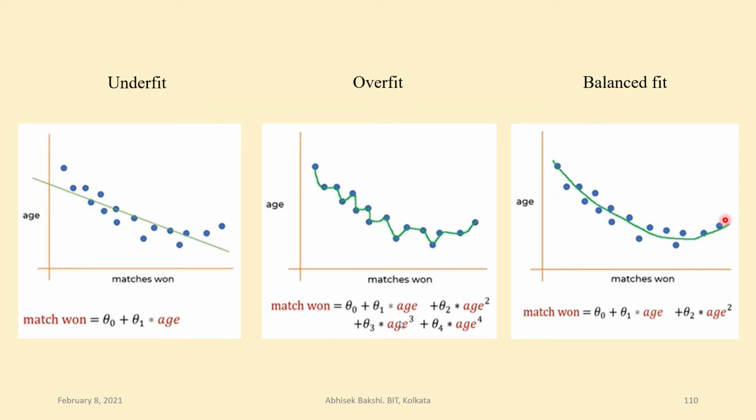In some cases, it may happen that to get this balanced fit, we need to keep some synaptic weights as 0. For example, in this case, if you put 0 in theta 3 and 0 in theta 4, you will get this equation. Now the question is: who will give this 0?